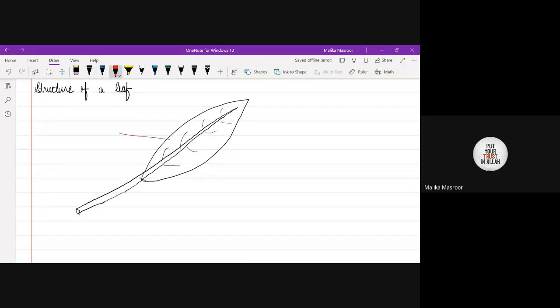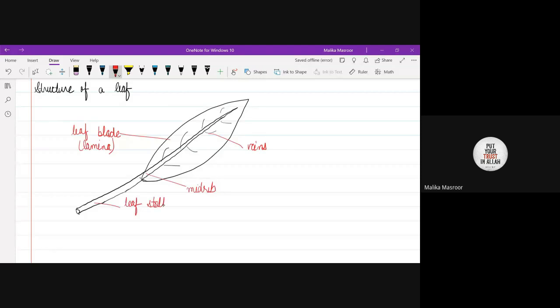This part is called your leaf blade or your lamina. These are your veins, obviously. This is your midrib. And this is your leaf stalk. Right now it looks quite simple.